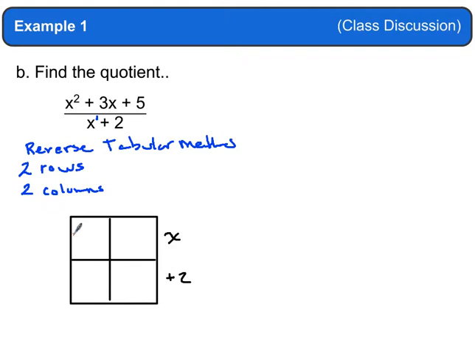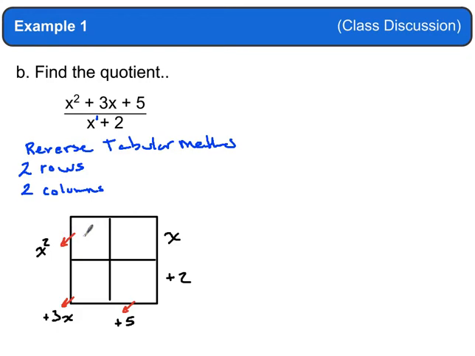We put our dividend around the edge, so that becomes x squared plus 3x and then plus 5. Now in this case you do have to be more careful. We're not going to use this box at all. This is going to be the last box we're going to go to.